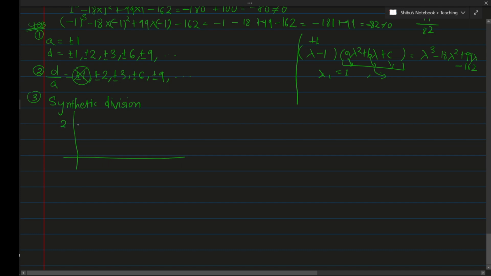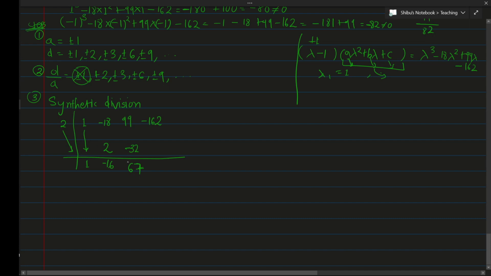So we'll try with 2, and our coefficients are 1, minus 18, 99, minus 162. The first step is to bring this 1 here, multiply 2 with this 1 and write it here. Now add these two, so it will be minus 16. Again multiply 2 with minus 16, so it will be minus 32. Add these two, so this is 67.